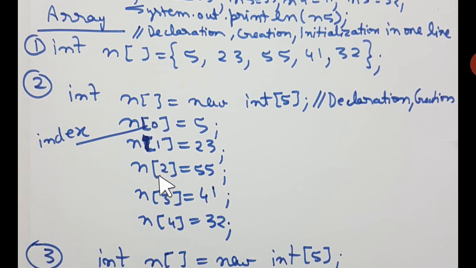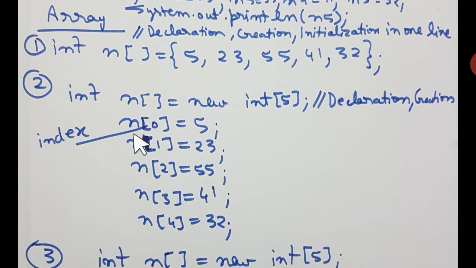What are these numbers? Students, if I just call an element n square bracket, or just I say n, there will be a confusion which value I am talking about, whether it is 5, 23, 55, or 41, or 32. So just to distinguish and access the elements of an array, there is a very important concept, and that is called index.